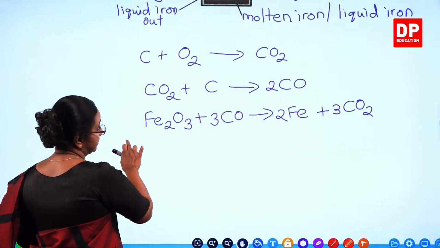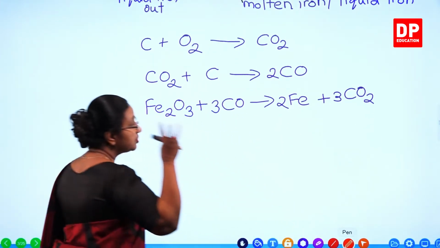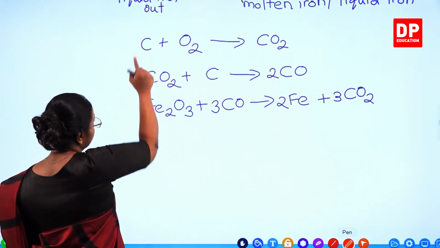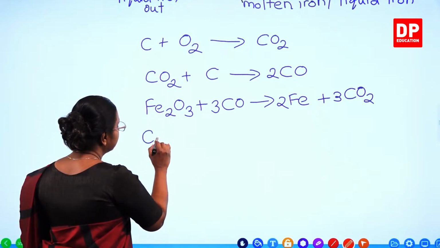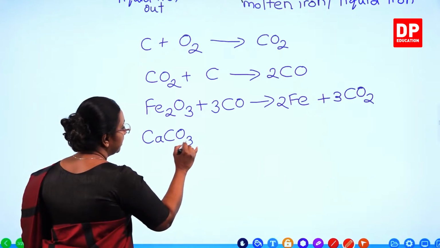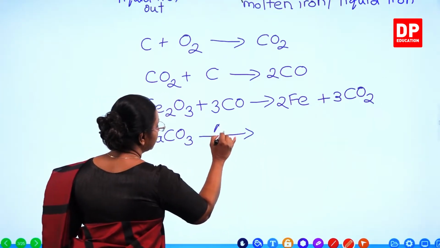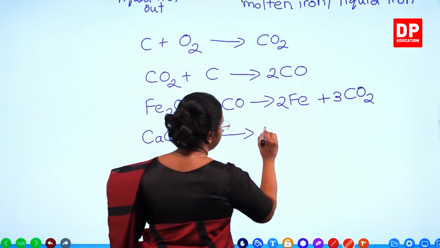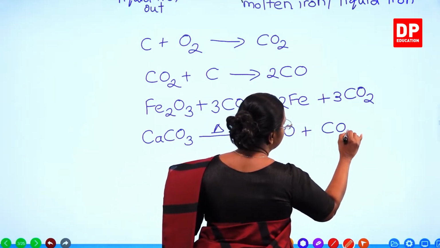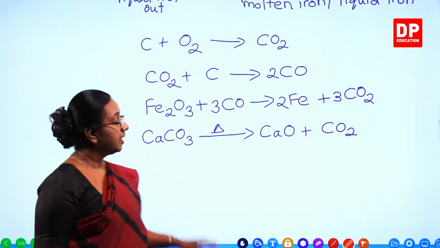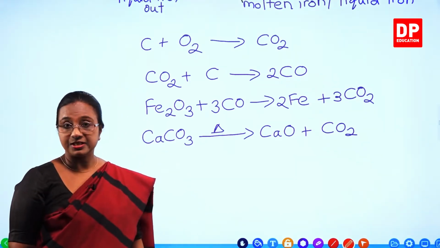Then what happens is we use 3 raw materials. This is one, this is the second one. Then we have calcium carbonate. Calcium carbonate also decomposes to give calcium oxide plus carbon dioxide. That is again another reaction.